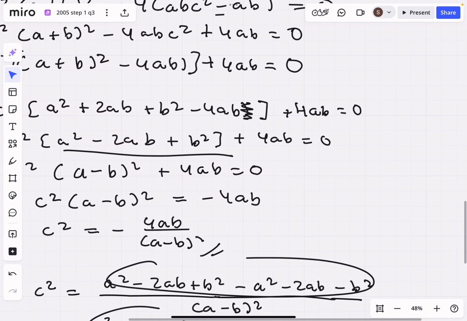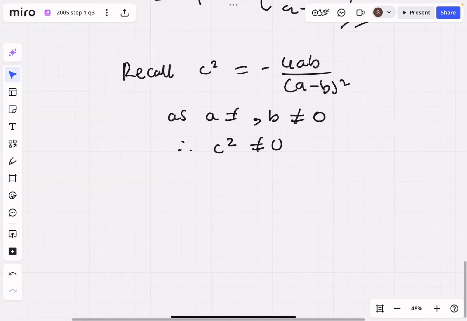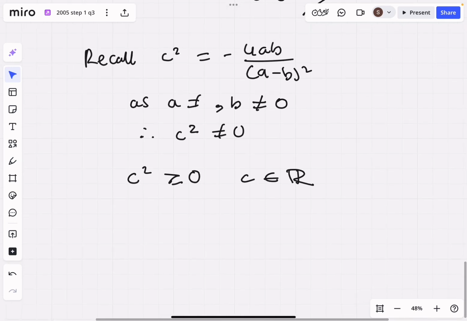Okay, and also we know that c squared, as c squared is a square number, has to be greater than or equal to 0 for c being a real number. So if c squared is greater than or equal to 0 and c squared is not equal to 0, then therefore c squared is strictly greater than 0.